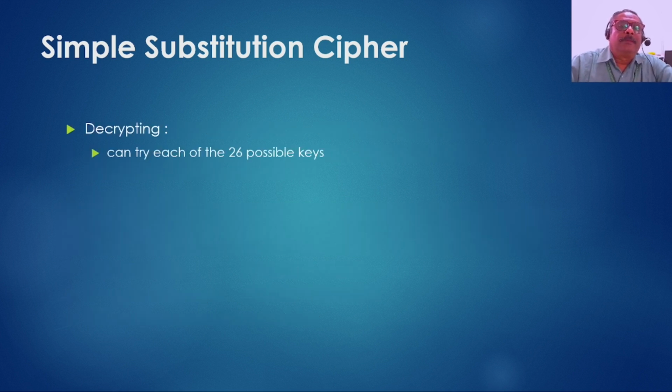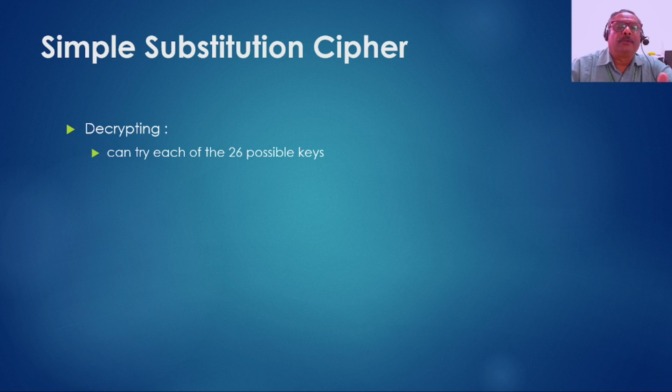So the decrypting is simple. When you are trying to decrypt, if we know that encryption is done through simple substitution cipher, then we can try each of the 26 possible keys. So in place of A it can be B, in place of A it can be C, in place of A it can be D, and so on.